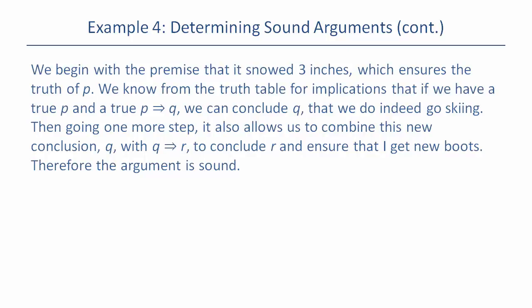So we can conclude that we do indeed go skiing. Then, going one more step, it allows us to combine this new conclusion Q with Q implies R to conclude R and ensure that I get new boots.